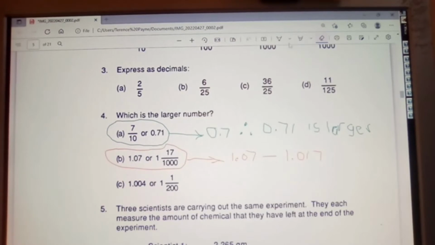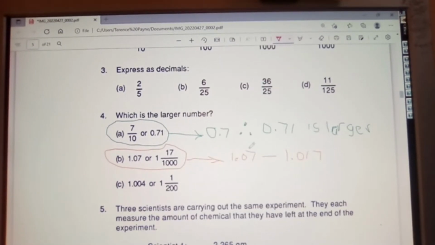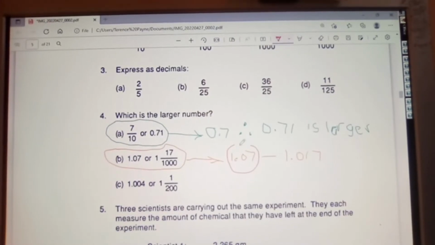Okay, so let me get my pen back. And sorry, my apologies, this is larger. 1.07, that is 1.01. That has to be smaller. Okay, larger.